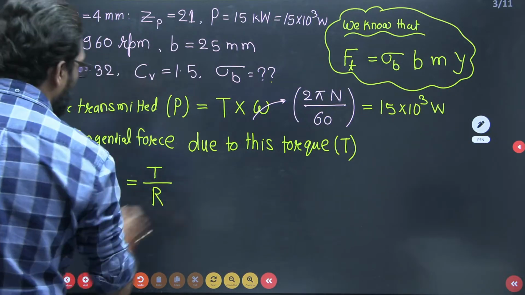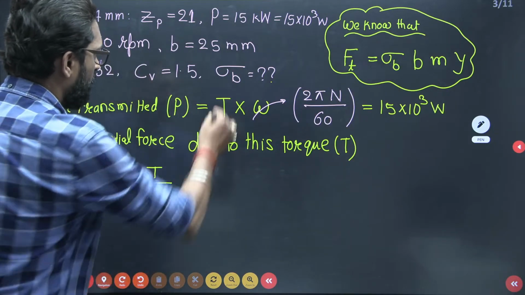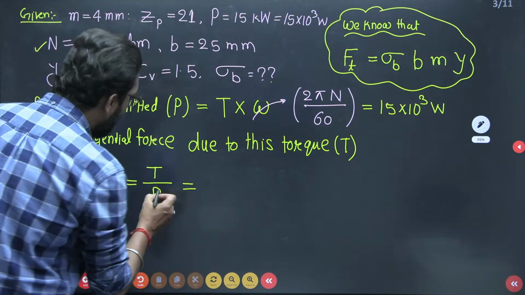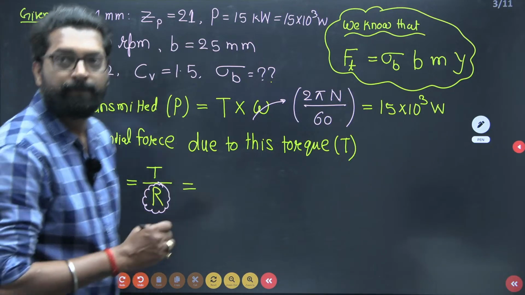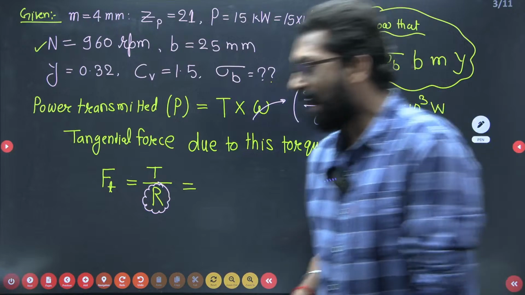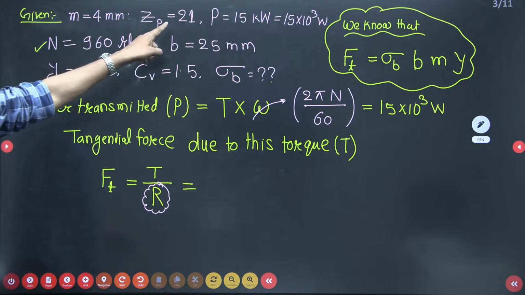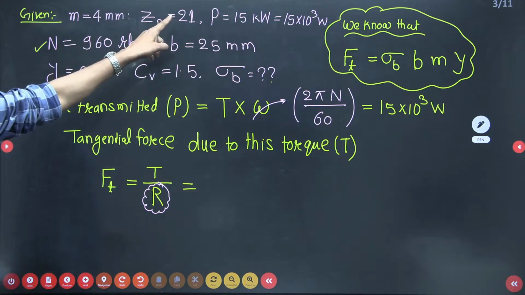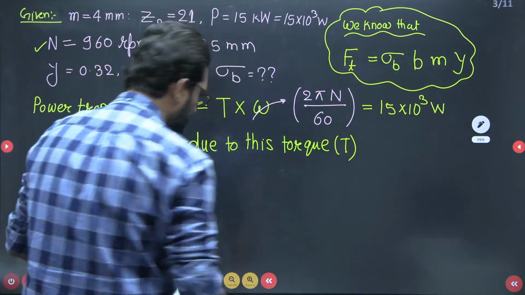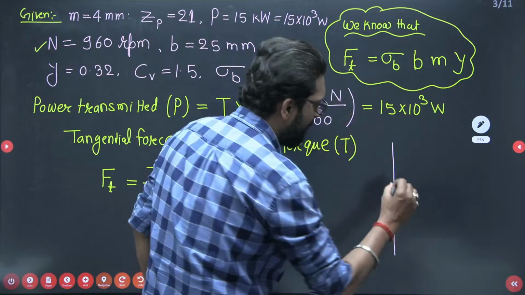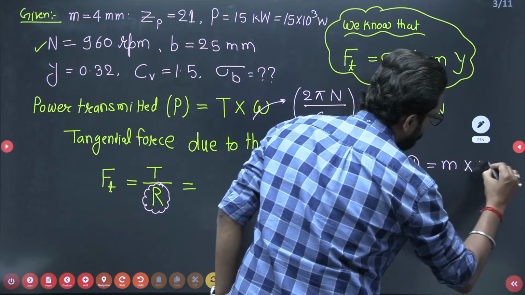So from here you can put R. Now, how to find the radius of the pitch circle? You have to find it with the help of module and the number of teeth. We know that the pitch diameter D is equal to module into number of teeth.